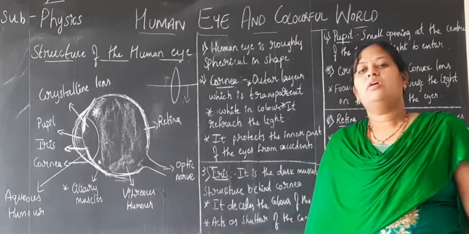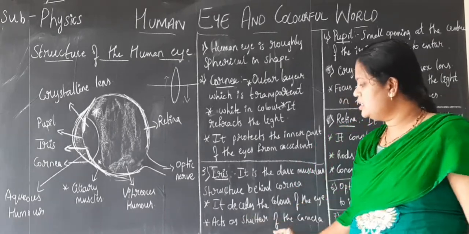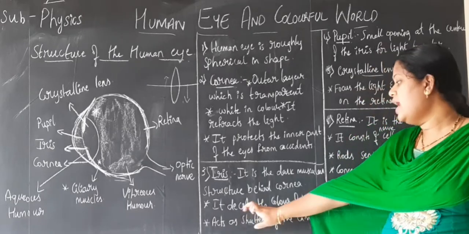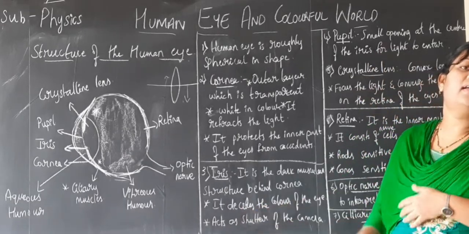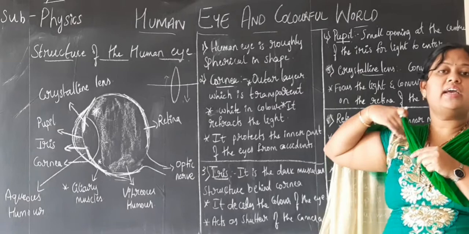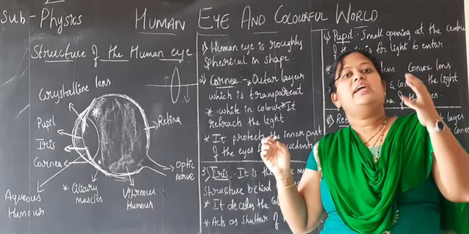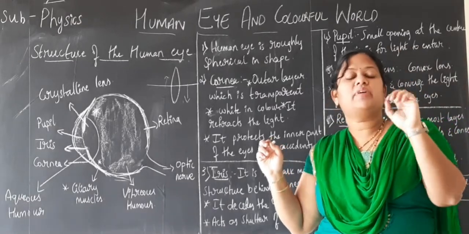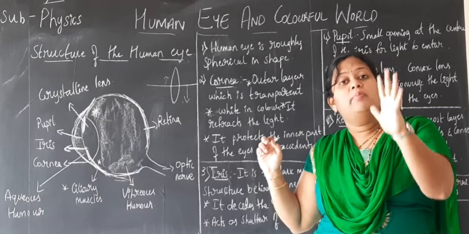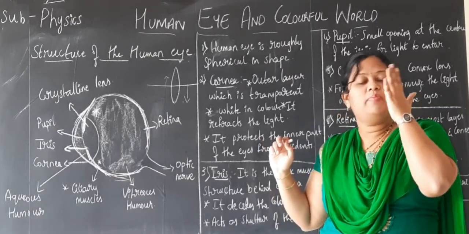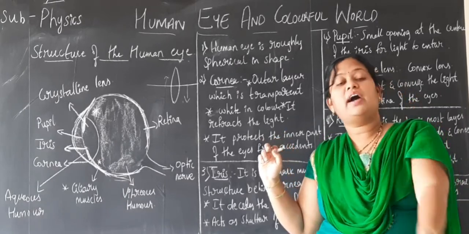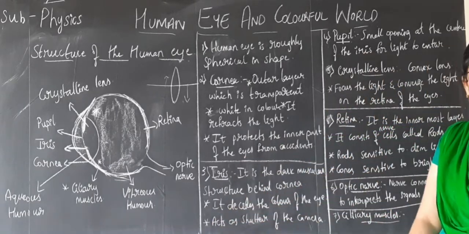No. So that is decided by the iris. And it also decides the color. Cat eyes, blue eyes, black eyes, brown eyes, children. If it is brown, the color of the iris is brown. Blue eyes, the color of the iris is blue. Black eyes, the color of the iris is black. So the iris decides the color.